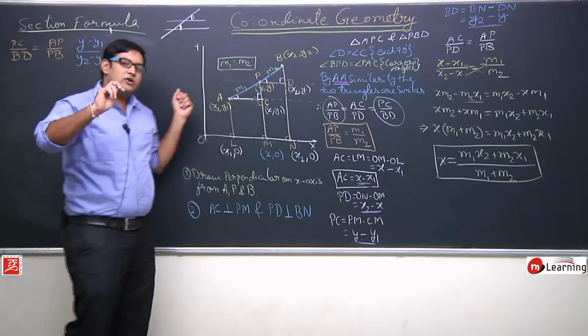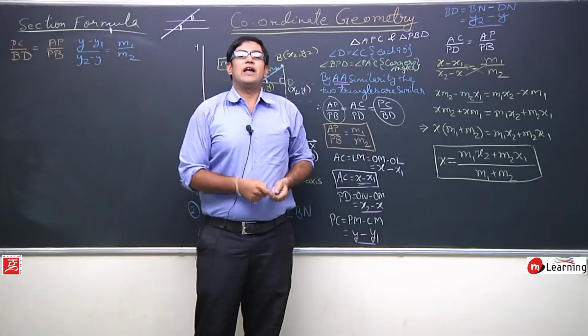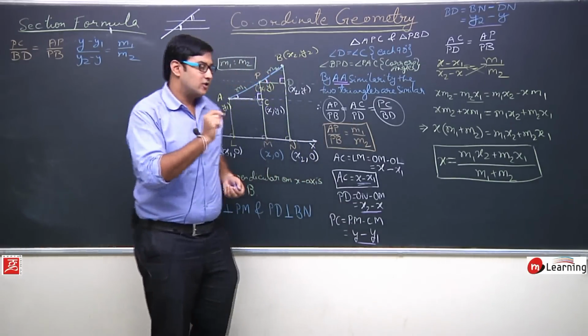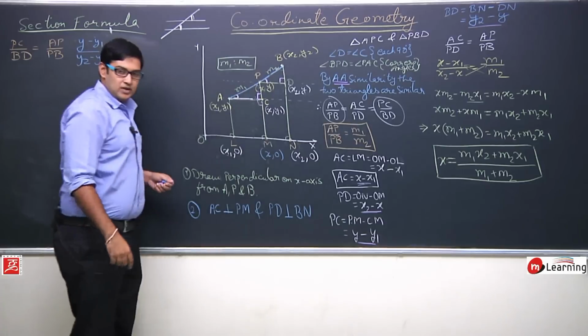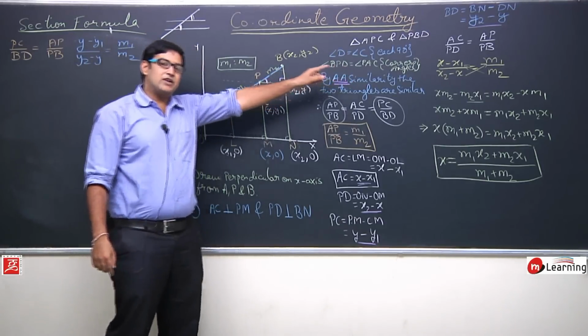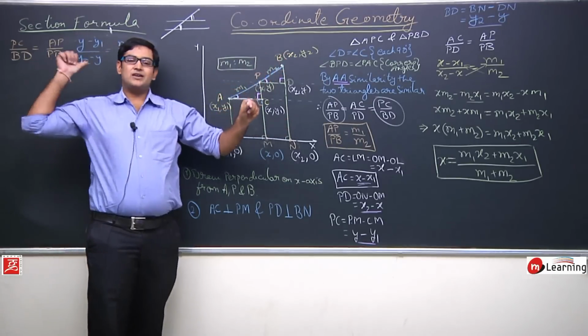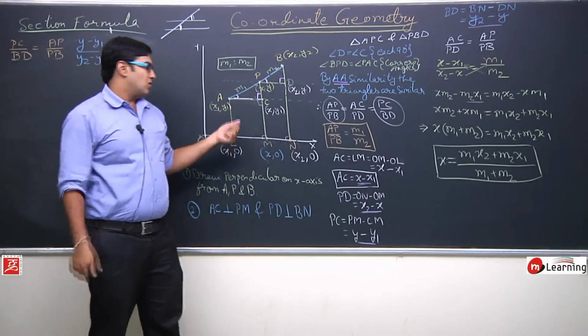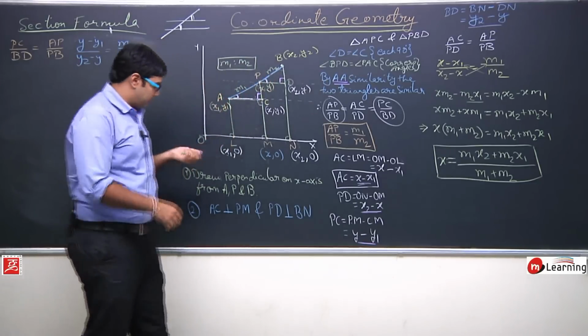And what we need to deduce from this relation? From this relation I want to deduce the value of y in terms of m1, m2 and y1, y2. Okay, in case of x, we have deduced the value of x in terms of m1, m2, x1, x2, but here we will get the value of y in terms of m1, m2 and y1, y2. Okay.